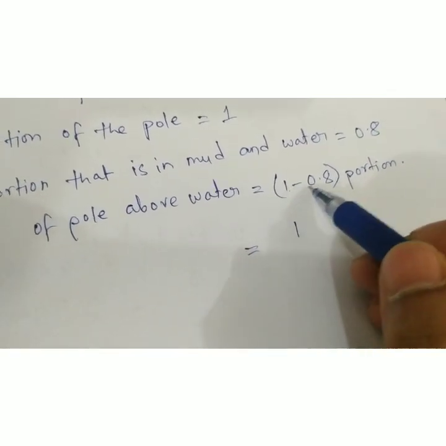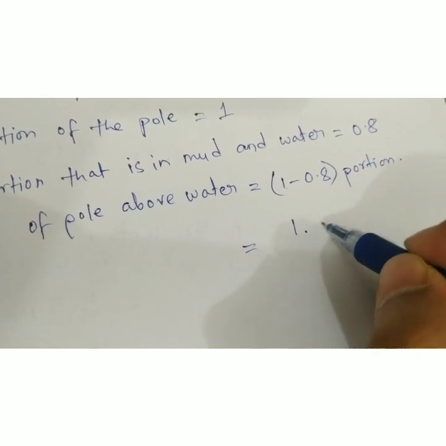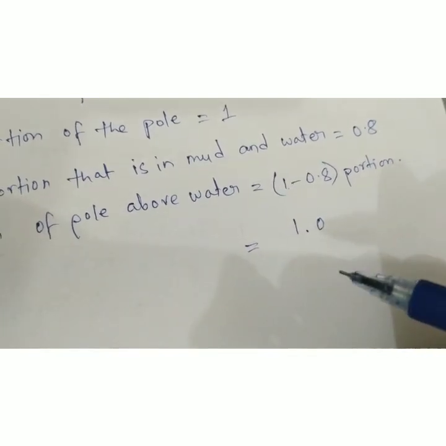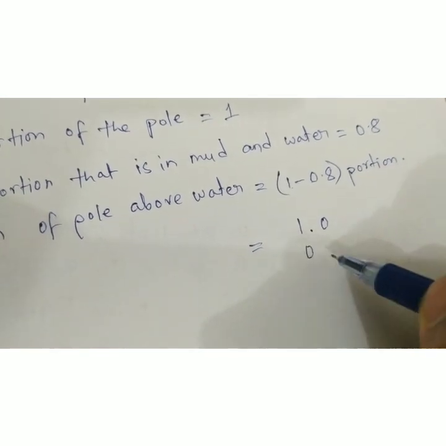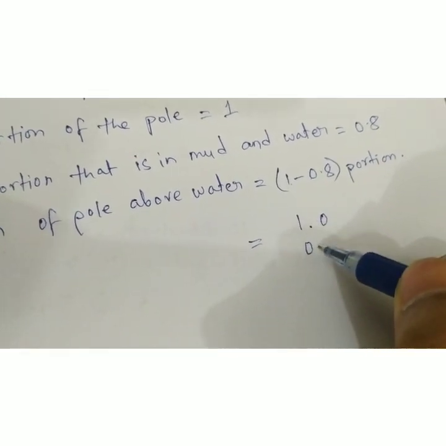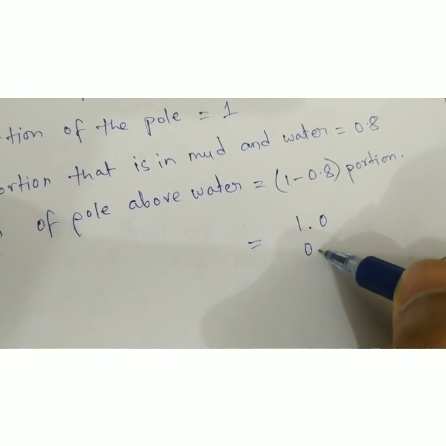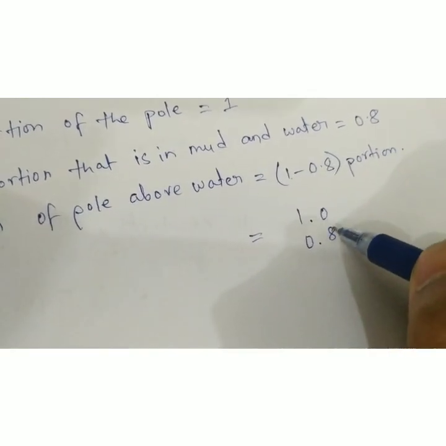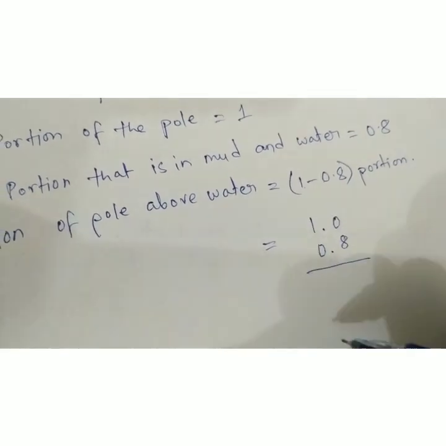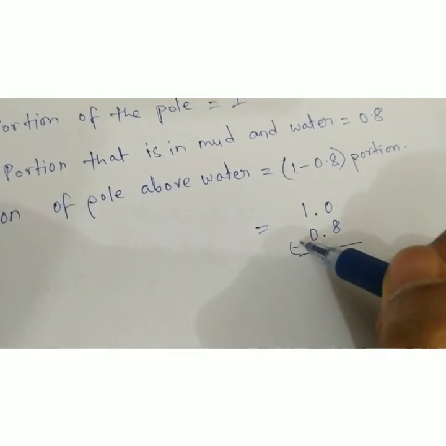After 1, since there is no decimal, we can write 0.0. Okay, 1.0, and this 0.8, we need to match the position of the point. So the point over here, and after the point there is one digit, that is 8. So we can do normal subtraction.